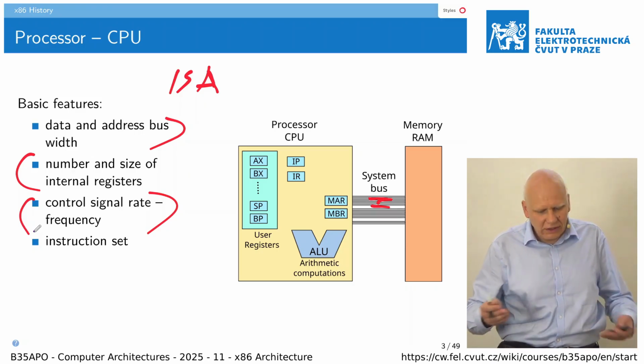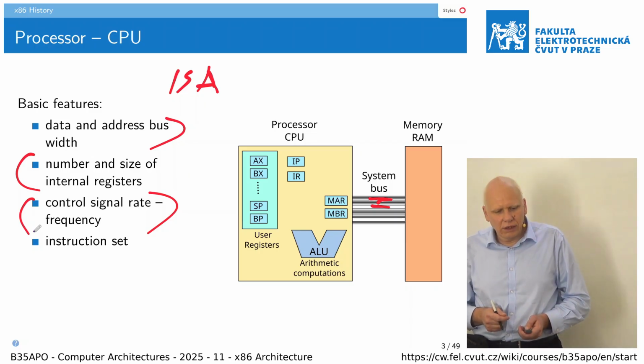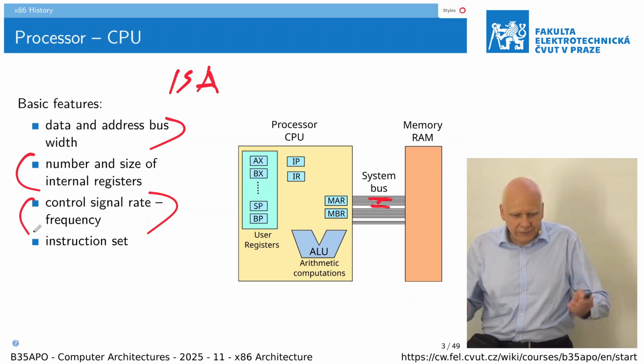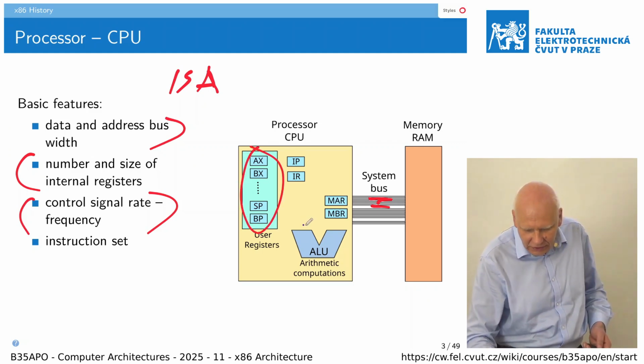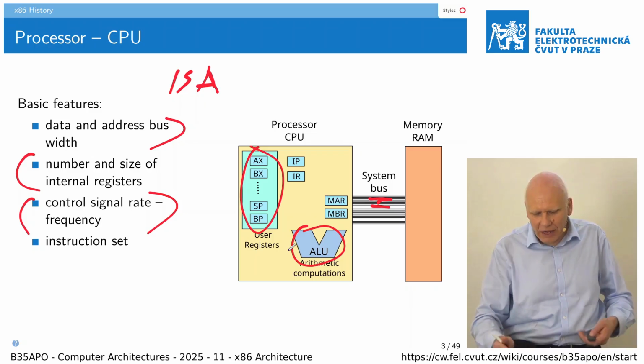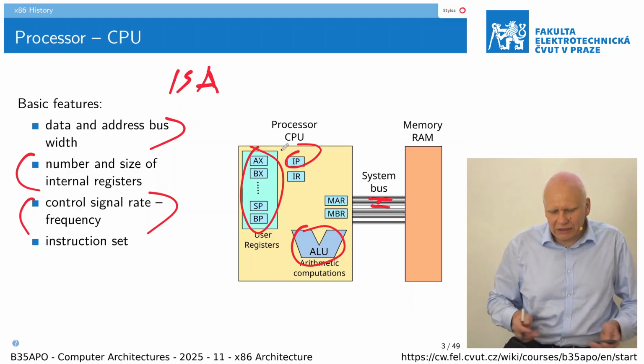So it depends how many instructions per single clock cycle you are able to process. And our program manipulates with registers, requests some arithmetic logic operations, and usually it has some instruction pointer and so on.